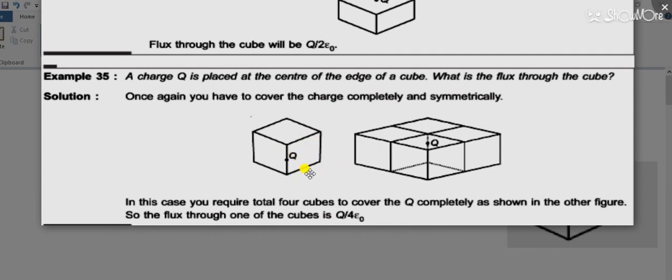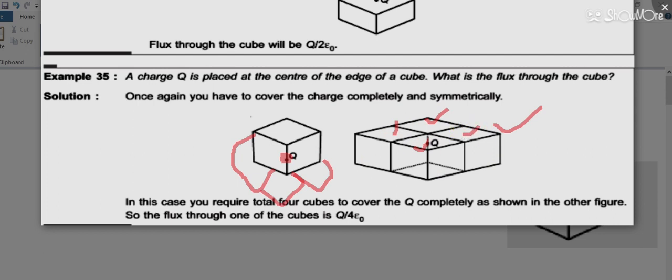But in this case it is placed at one edge like this one. So how many cubes are required? One on this side, one on this side, one on this side, so that this charge gets enclosed. Suppose this is the given cube, so 1 cube, 2 cubes and 3 cubes are required.